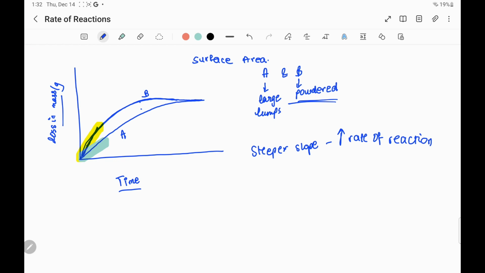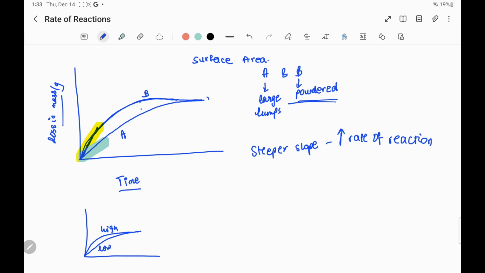Now, it's the same thing for temperature. You're going to have one reaction go like this, or you're going to have one react. Again, this one has lower temperature. This one would have higher temperature because this has higher slope. So this means this one's faster.